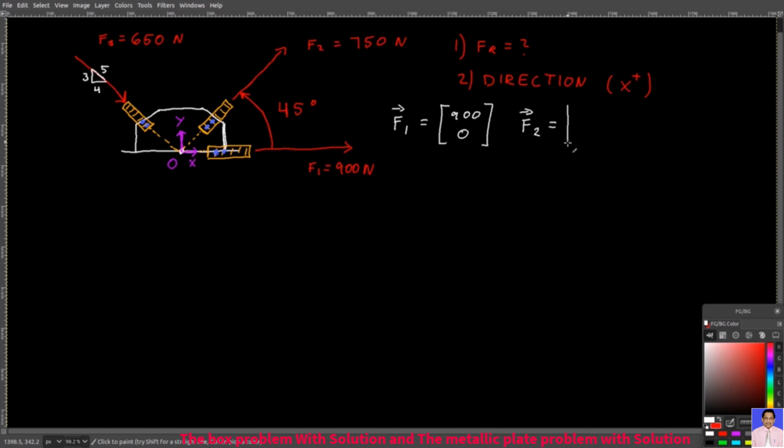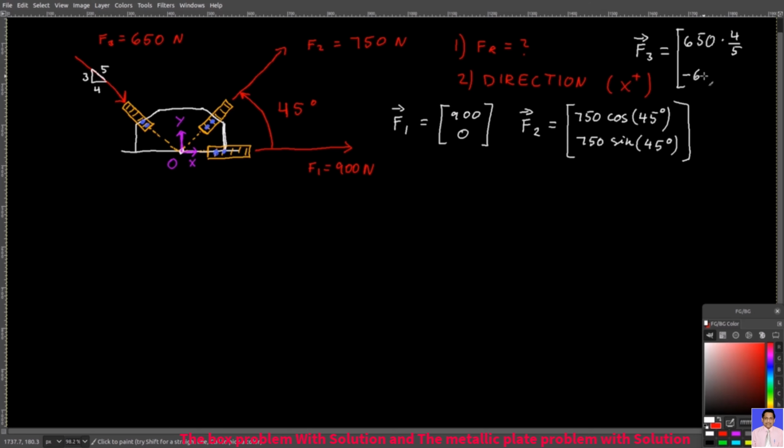Then F2 vector equals 750 times cosine 45 degrees in the x direction, and then 750 times sine 45 degrees in the y direction. And then F3 equals positive 650 times 4 over 5 in the x direction, and then minus 650 times 3 over 5 in the y direction.